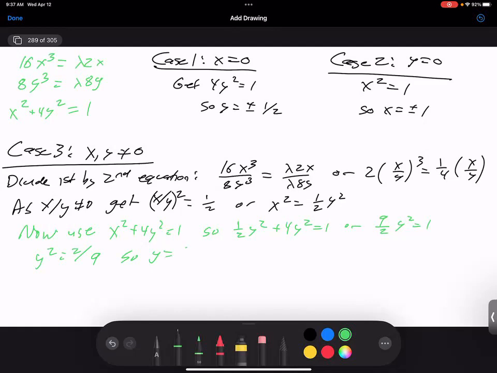So y equals plus or minus the square root of 2 over 3. And then what will x be? If y is plus or minus 2 over 3, what would x be? So x is going to be plus or minus square root of 2 over 2 times y.